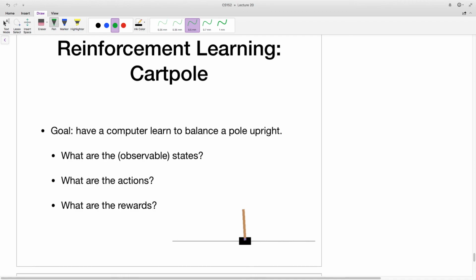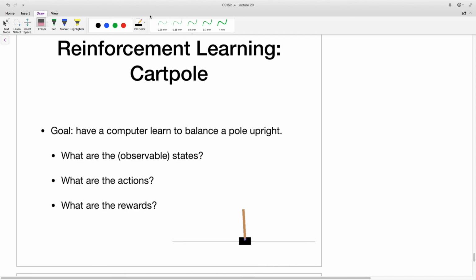So the states. Let's go ahead and use information here, rather than the picture. Let's say this were an actual device, and we could measure some information. What sort of information would we want to know?